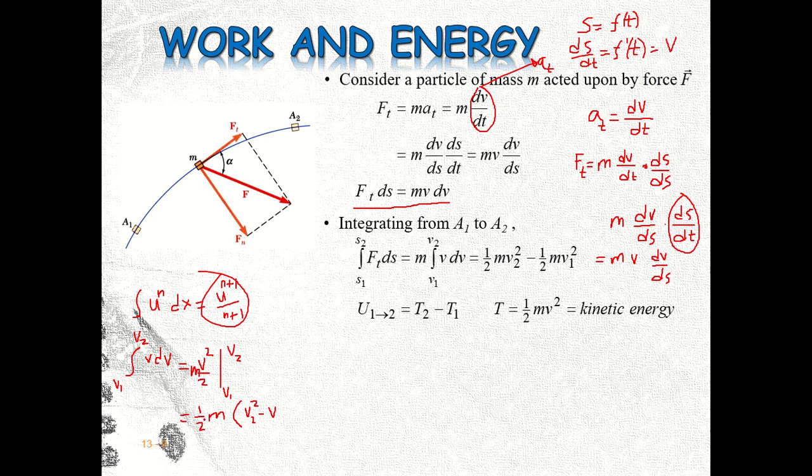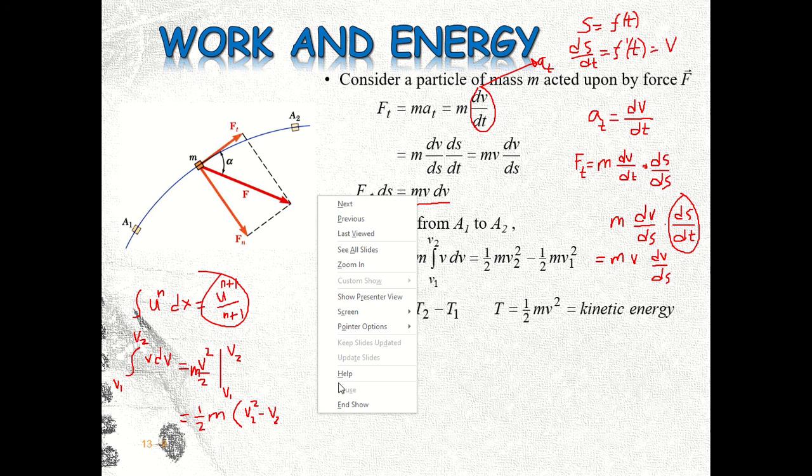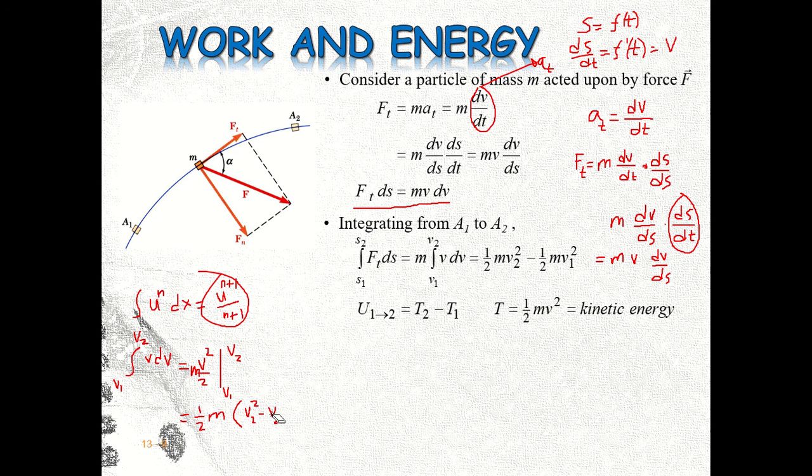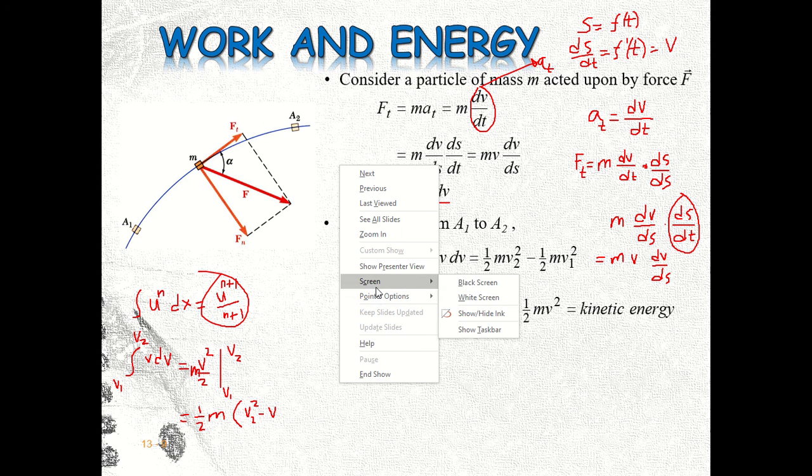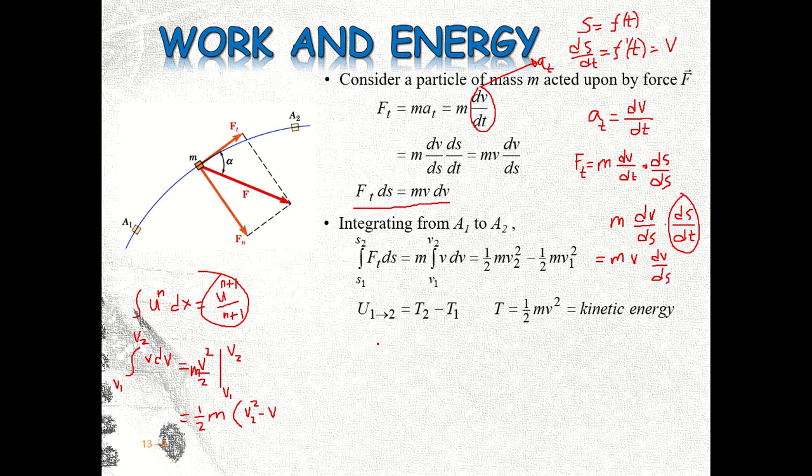We just factor out 1/2 of m. This is v1, class, v1 squared. So we have this resulting. We just factor out 1/2 m, and then we rewrite it this way.